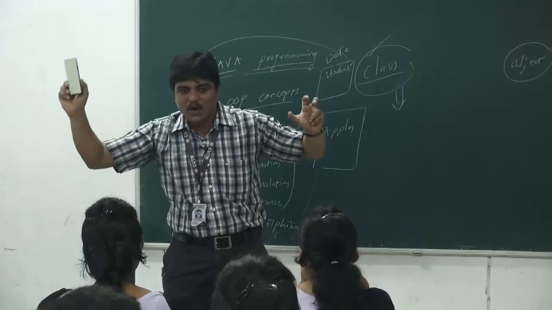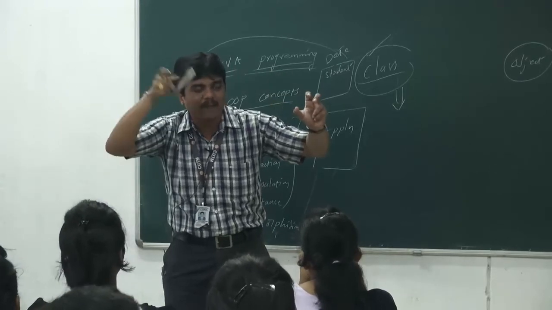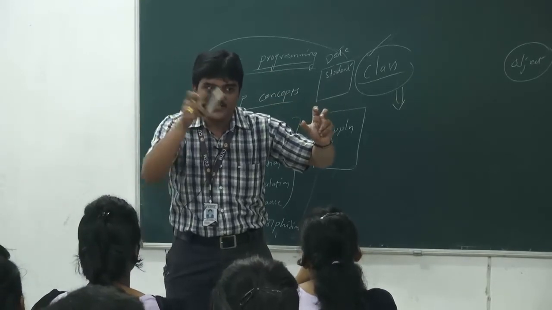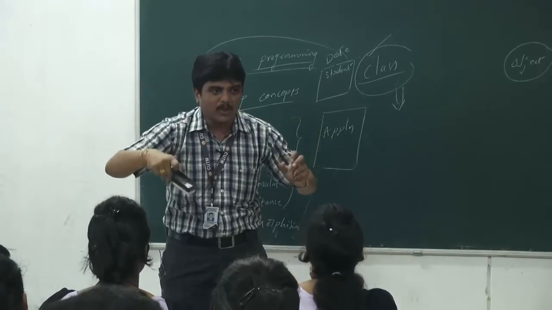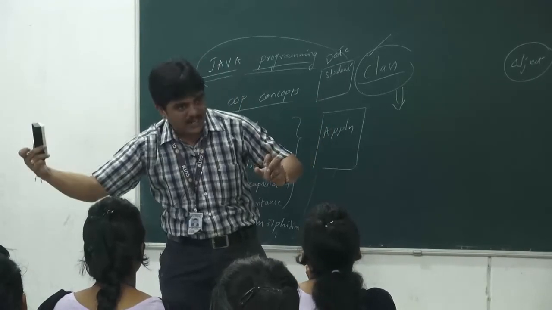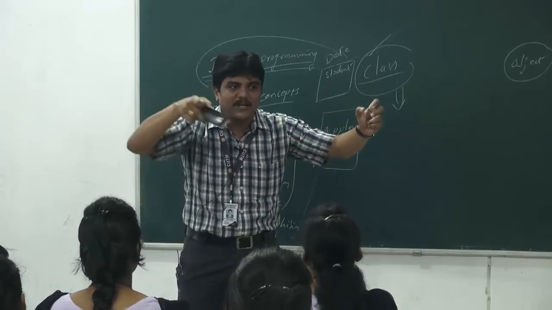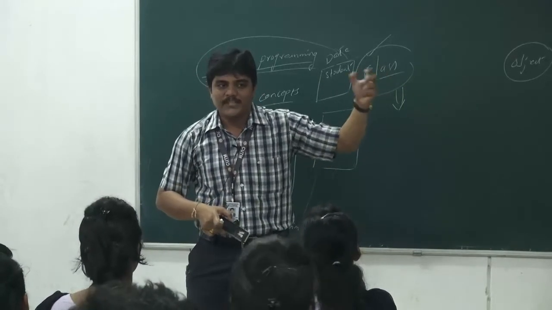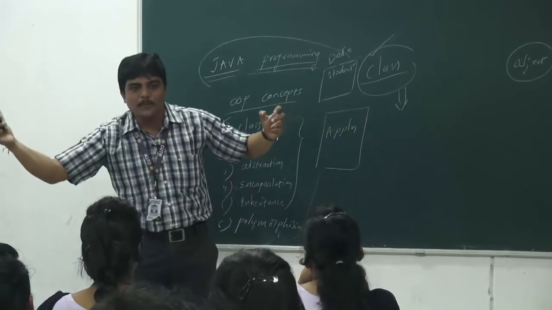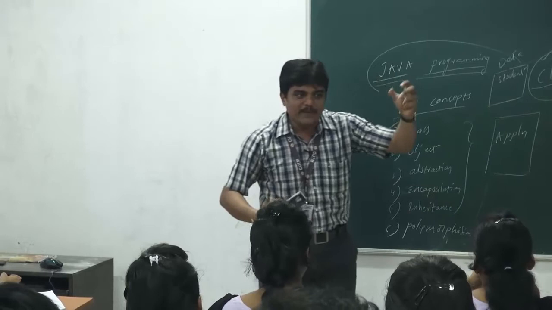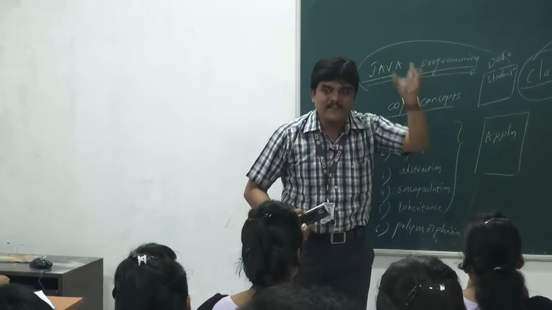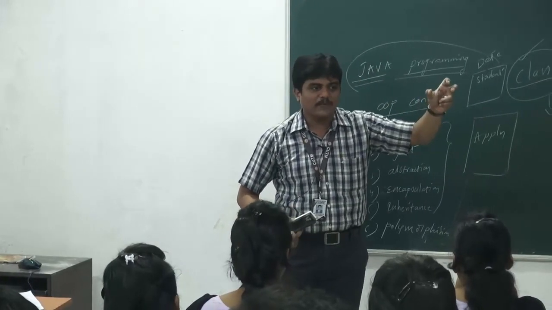This object, the building, is always constructed by following this blueprint. In terms of Java programming, the blueprint is called a Java class, and the building is called an object. A blueprint is completely conceptual, whereas the building is a completely physical structure. All of you clear this one? That means what?